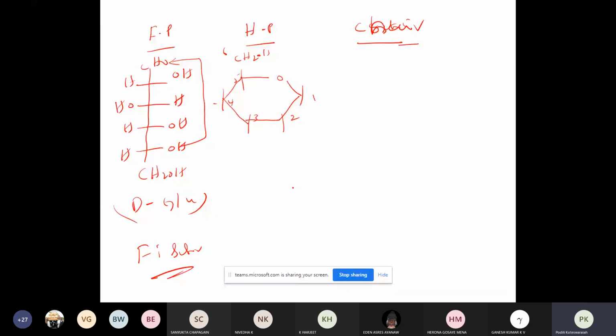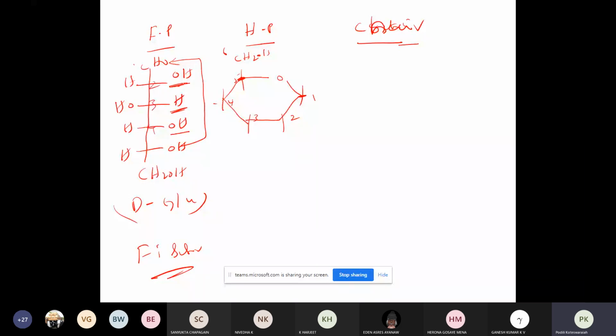Now, how do we write Fischer to Haworth? The simplest way to remember is that C1 and C5 are already involved in the linkage, so we have only C2, C3 and C4.